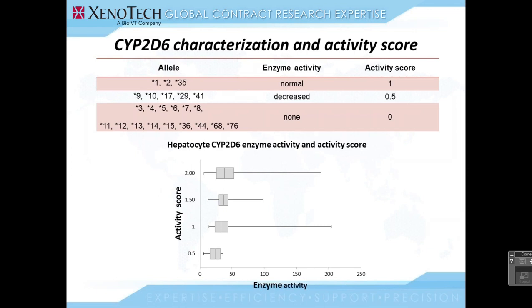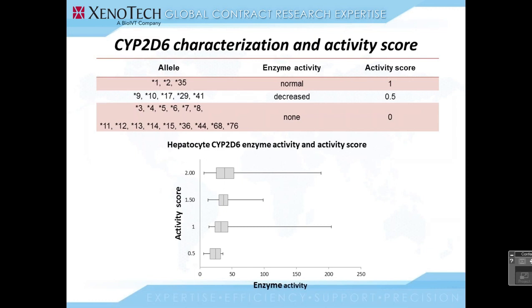It was devised to simplify translating genomic information into prediction of a patient phenotype. A donor with 2 normal activity alleles has a cumulative activity score of 2. A donor with 1 decreased activity allele and 1 no activity allele has a cumulative activity score of 0.5.